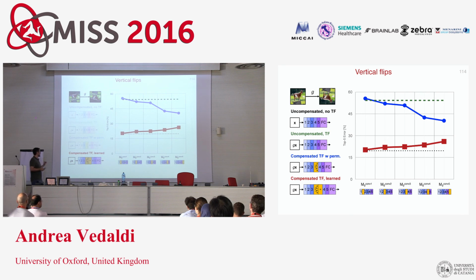So now if this is successful, if learning this flipped map in the middle of the architecture actually works, well, that means that I can essentially reproduce the effect of flipping in the feature space directly.